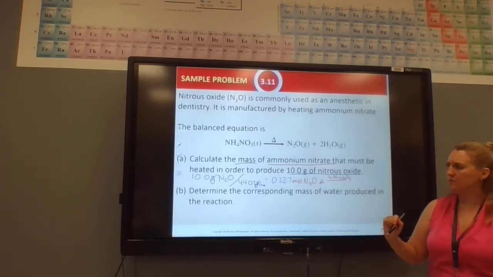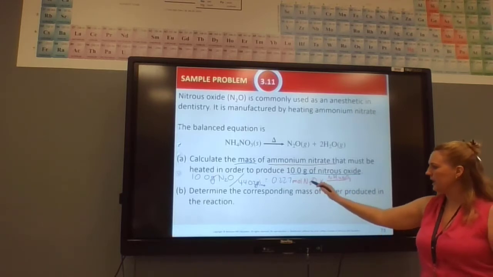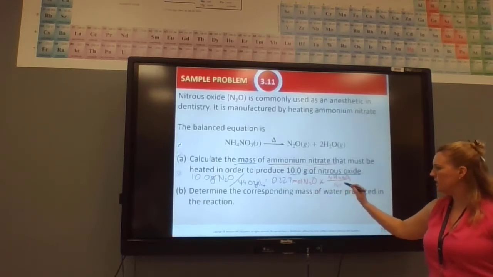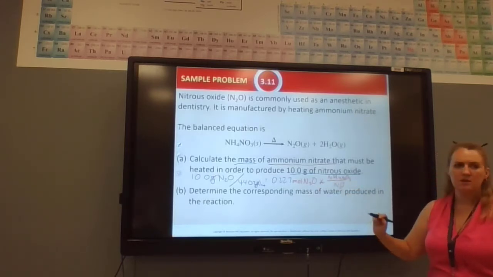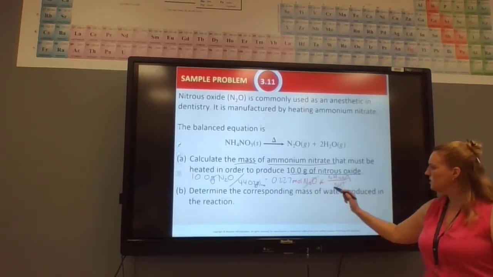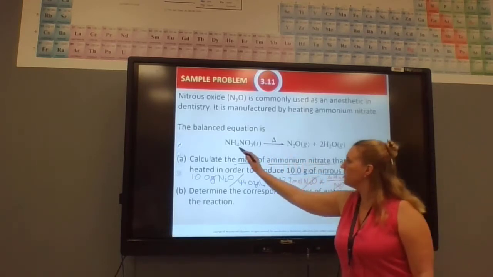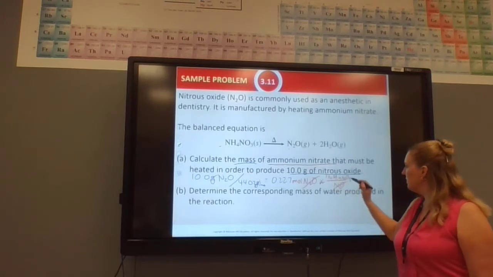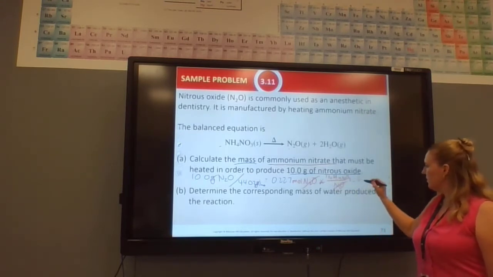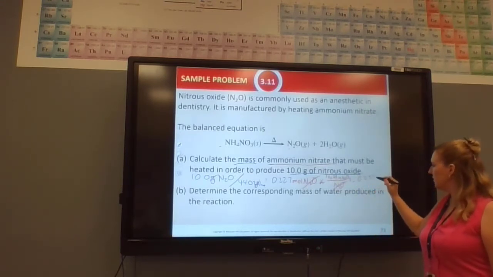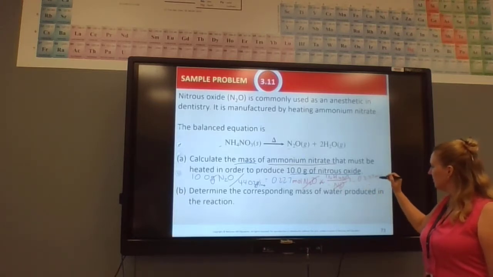Nitrous oxide. Whatever I have drops to the bottom so that it can do what? Cancel. Good. So what is this ratio? 1 to 1. So 1 over 1. 0.227 moles of ammonium nitrate, NH4NO3.